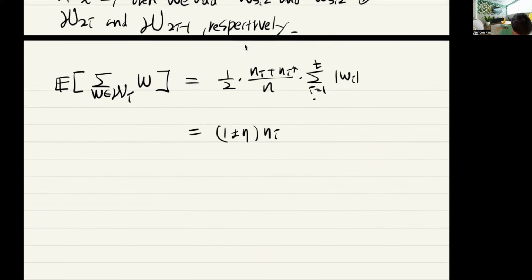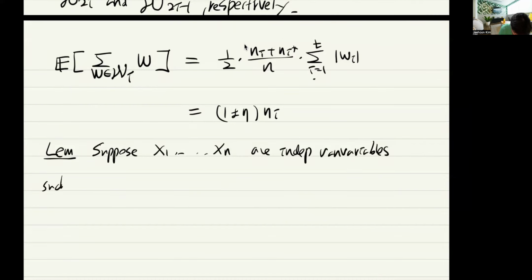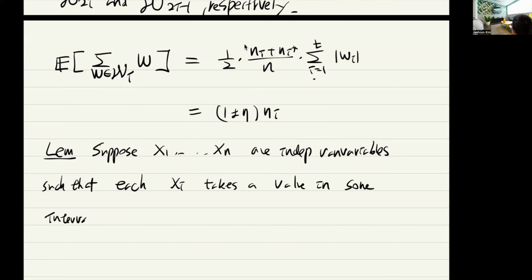In fact, there is a weighted version of the Chernoff bound. Suppose x1 to xn are independent random variables such that each xi takes values in some interval of real numbers of length c_i, which before in Chernoff is either 0 or 1.